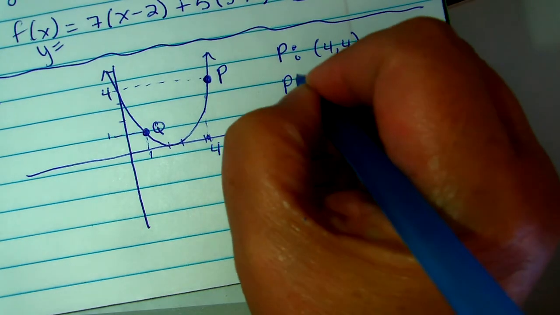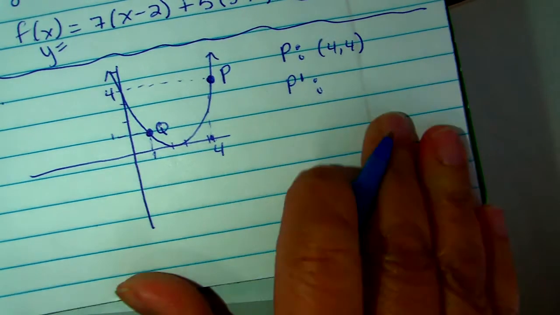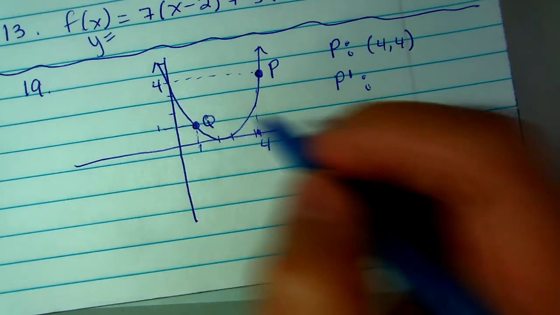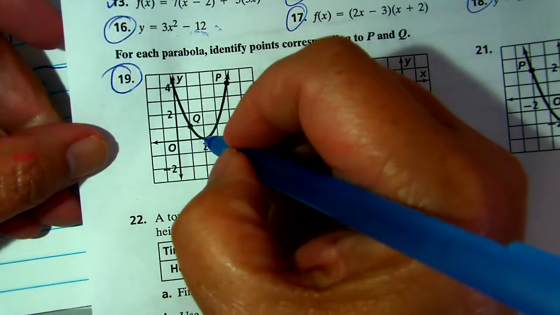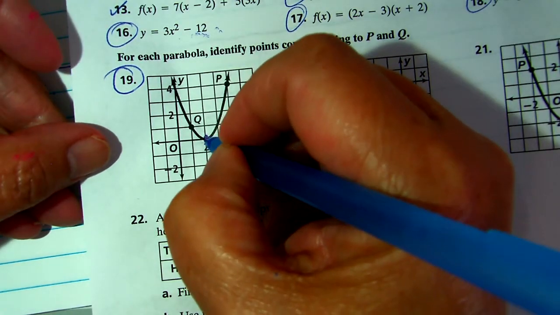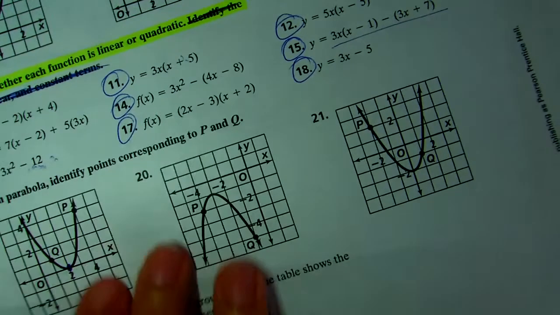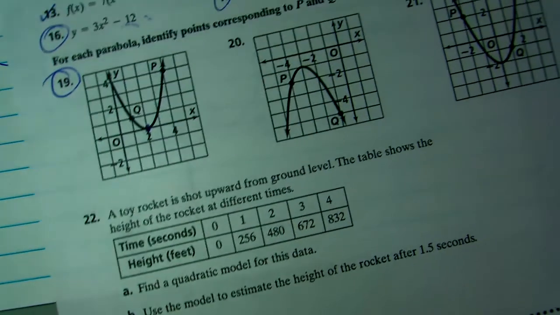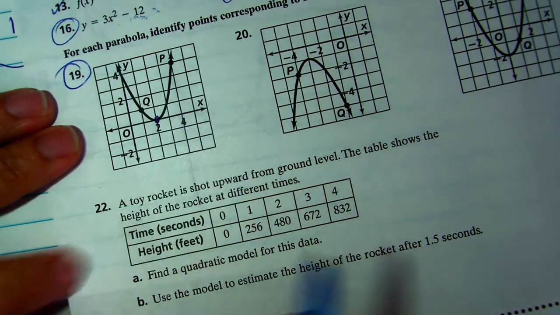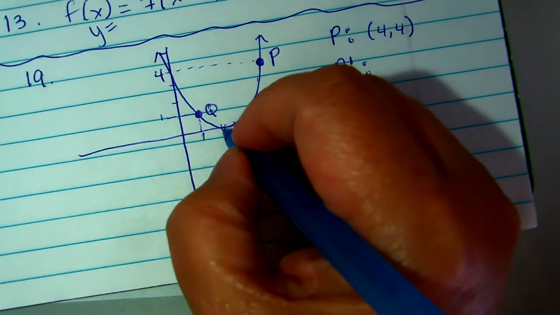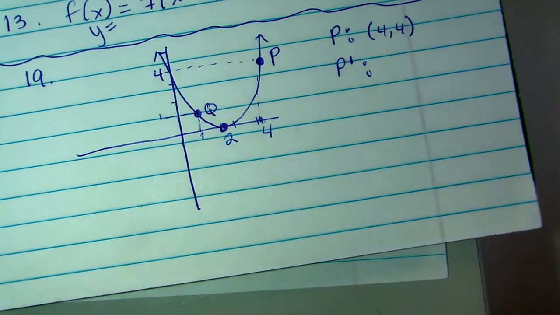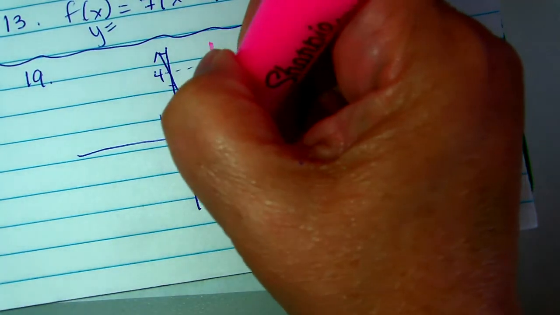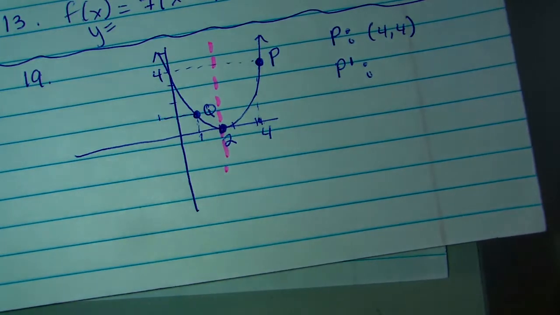So P prime is going to be located where? Now, if this is the vertex, the important thing here is to locate the vertex, okay? That's why I want you to draw them, all right? This one is located at 2, 0. So I'm going to put it right here, at 2, 0. Here's my vertex. So here's my axis of symmetry. Okay?